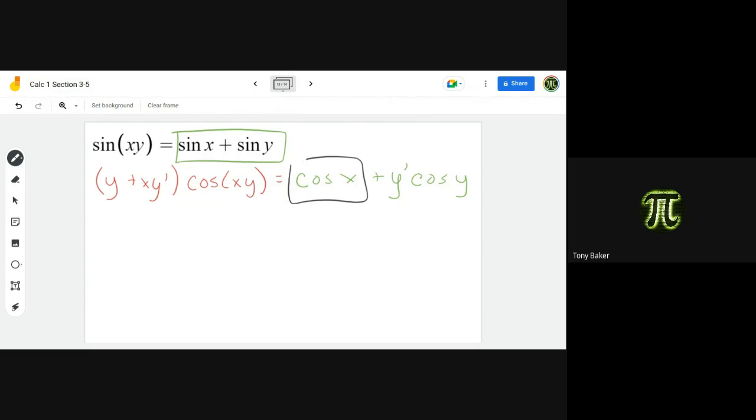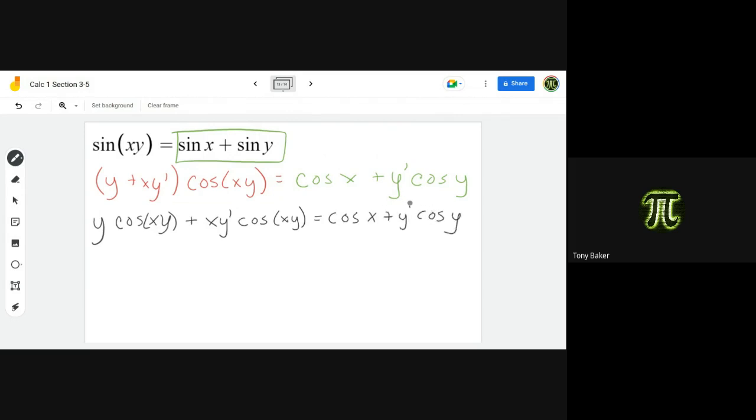You're going to have to do that, but I wouldn't do that first. The first thing I would do is get rid of the parentheses by distributing. So I have y cosine xy plus xy prime cosine xy. Because when we start to move things around, if you have multiplication mixed in, it'll get a little messier. Now that we've got everything in specific terms of addition and subtraction, I can move things a lot easier.